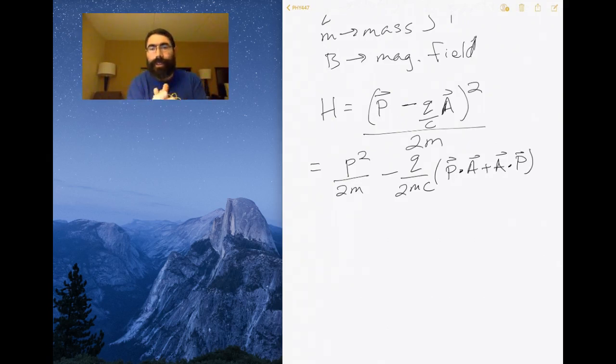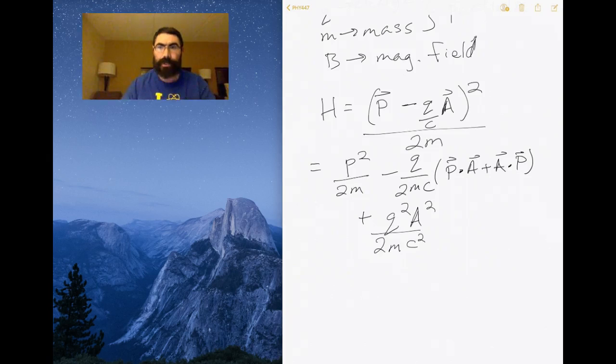So we're going to make these into operators, so we have to be careful about the order of operation. So instead of calling it 2 times p dot A, we're going to keep both possibilities. Plus, the last term is q squared A squared over 2mc squared.